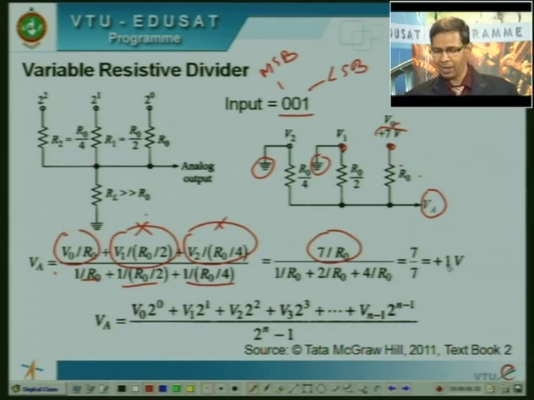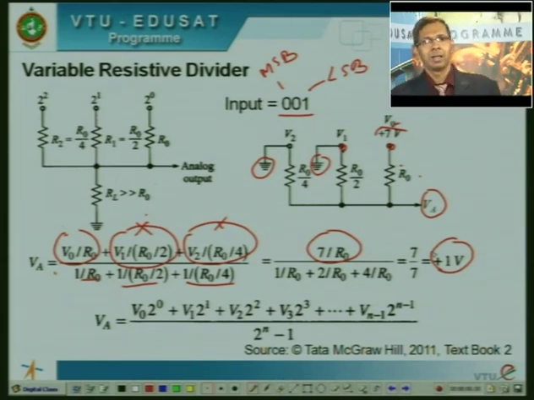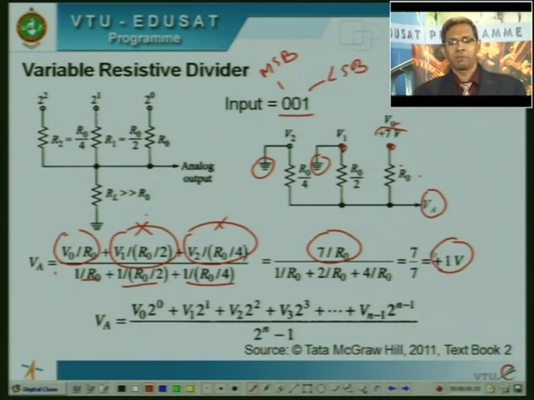So, net you arrive at an expression which tells you that the LSB is nothing but 1 volt. If you remember from the previous slide, we need to devise a resistive divider network in such a way that the LSB yields 1 volt and accordingly gives an increment of 1 volt for each additional increment in the digital value. This was the case when the input was 0, 0, 1. Now, let us see what the generic value is for any given input.